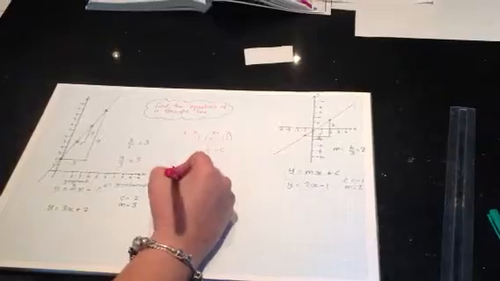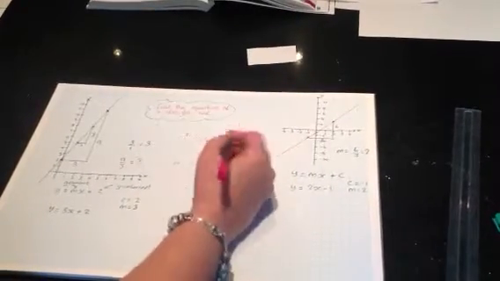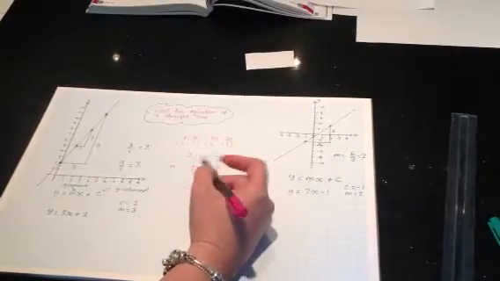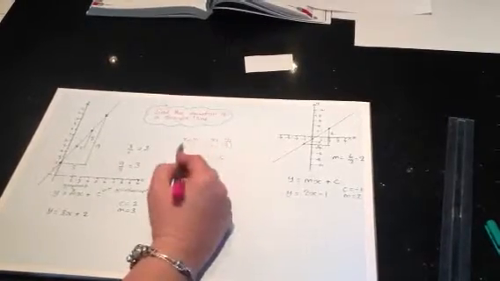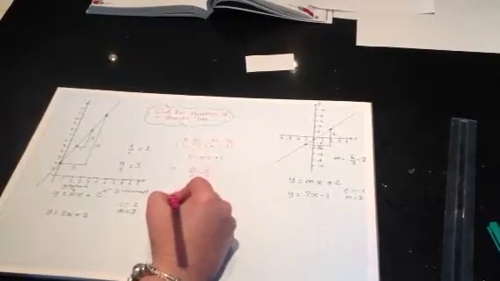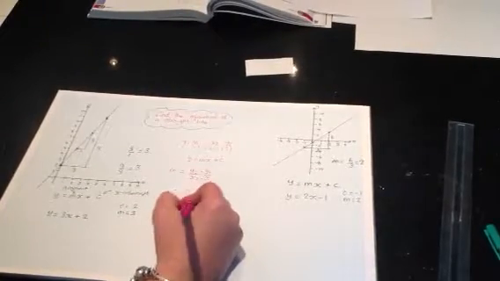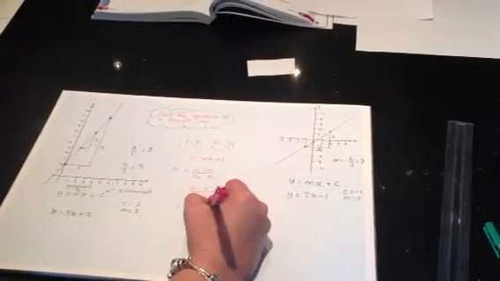So to find the gradient, y2, 13, take away y1, which is 7, divided by x2, which is 4, take away x1, which is 1. That gives me 13 take away 7 is 6, and 4 minus 1 is 3. 6 divided by 3 is 2.